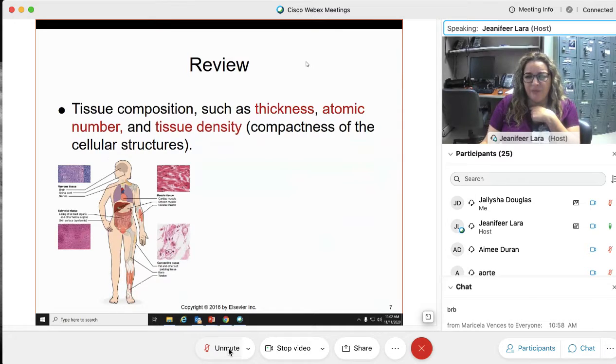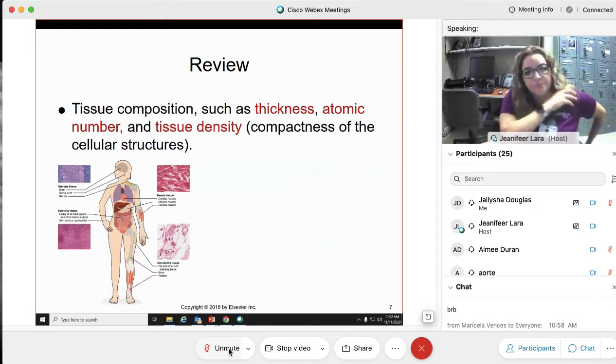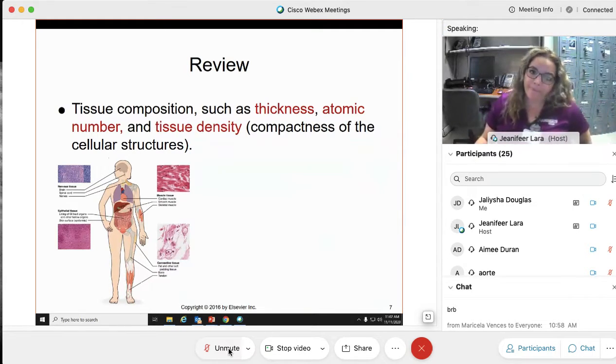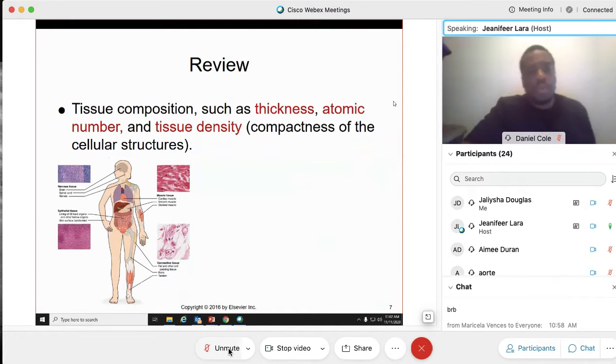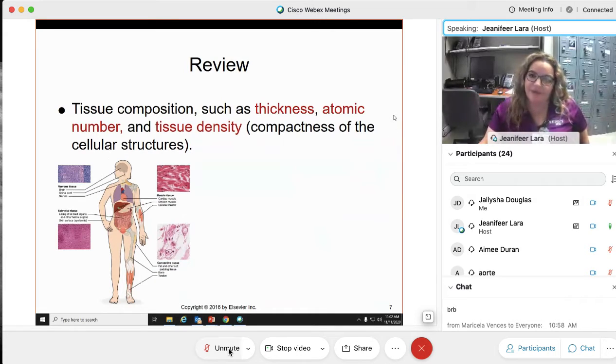What does atomic number mean again, Daniel? Is that the amount of atoms in a cell? Electrons and protons. Good job. So the amount of electrons and protons in an atom.